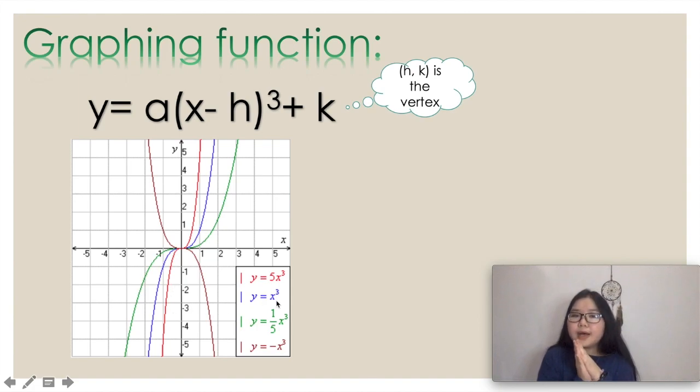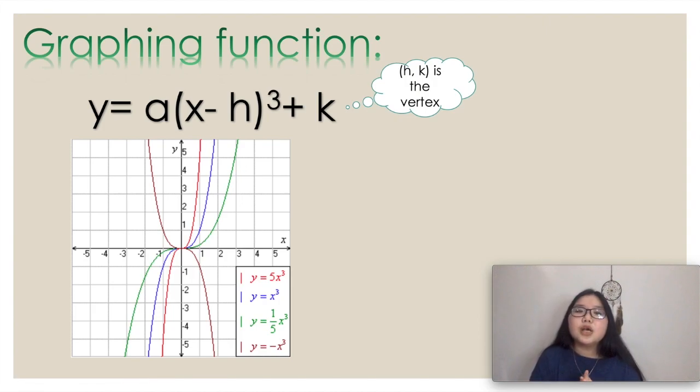But if you put 1, it is the original form, the parent function of the cubic family. Do you remember it? If a is less than 1 but greater than 0, you will get a wider cubic, as you see the green cubic here. But if you want to reflect it, just give a negative value for a.